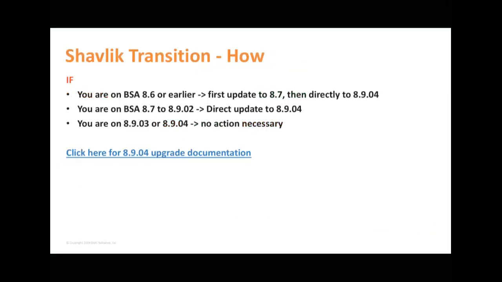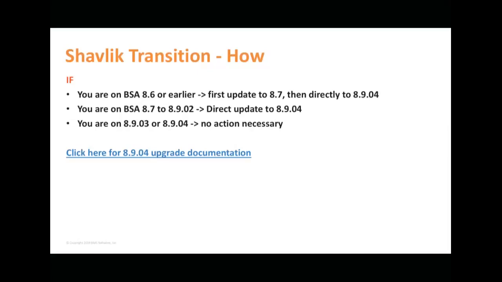If you are on any version between 8.7 and 8.9.02, you can directly update to 8.9.04. And if you are currently on 8.9.03 or 8.9.04, then no action is necessary. You will not be impacted by the transition in the EOL of the SDK. All right, so again, keep an eye out, just make sure if there's any questions.